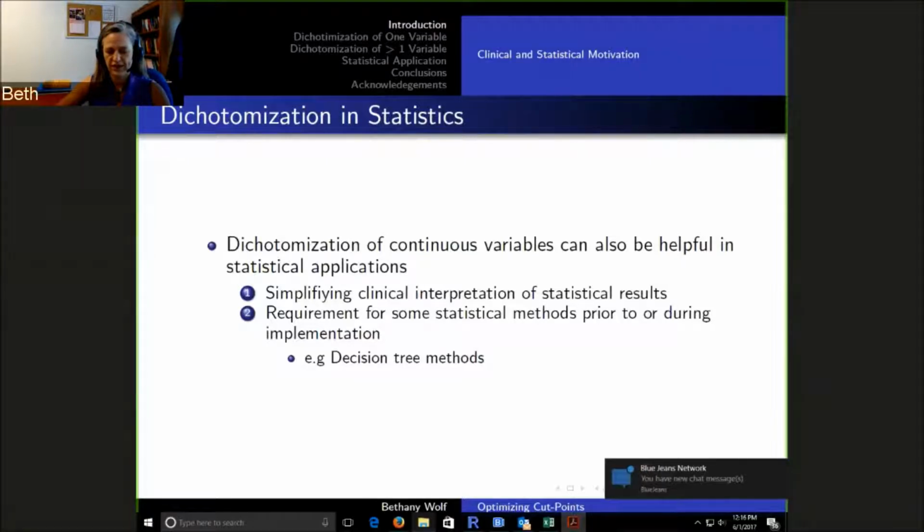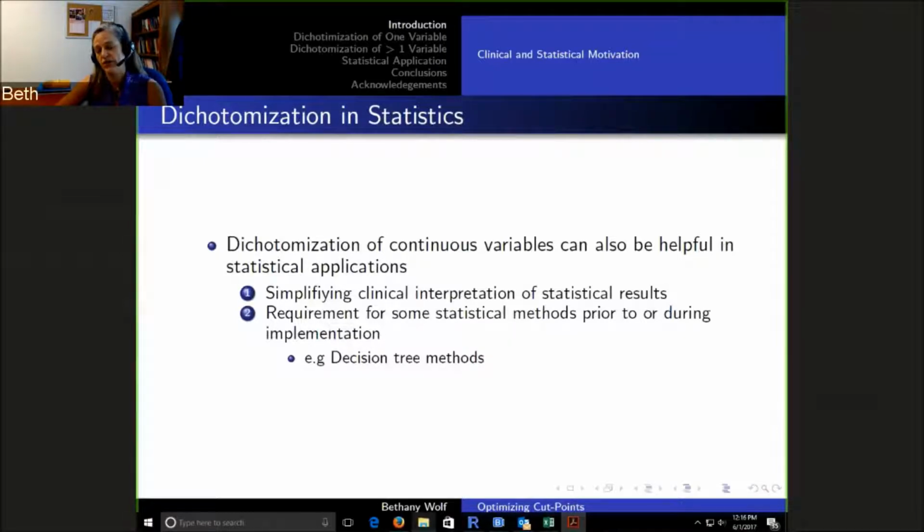Whereas if I say that some threshold, so in this case cholesterol greater than 200, actually indicates that you might be at greater risk for heart disease, then that might actually sort of standardize the way that physicians treat and manage their patients for something like cholesterol. From a statistical standpoint, we also sometimes require dichotomization during statistical implementation, and that's going to be sort of the last part of my talk.